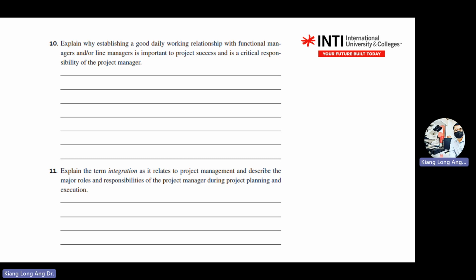Can you explain in your own words? What do you think about integration? What do you understand about the word integration? What do you mean by integrate?